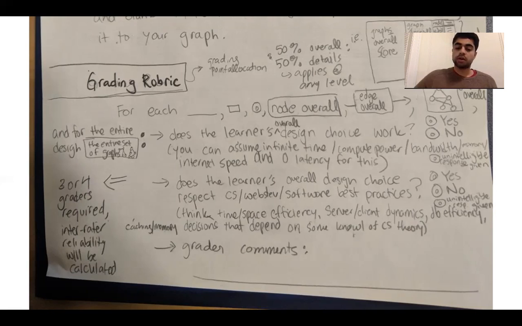And so we cover a grade for the entire call graph, for trees within the call graph, and then also for individual nodes and for individual aspects of nodes. And every little decision that a learner makes contributes to the grade, but that contribution is scaled to how much it impacts the overall design.